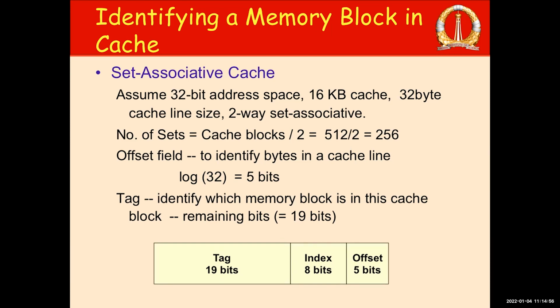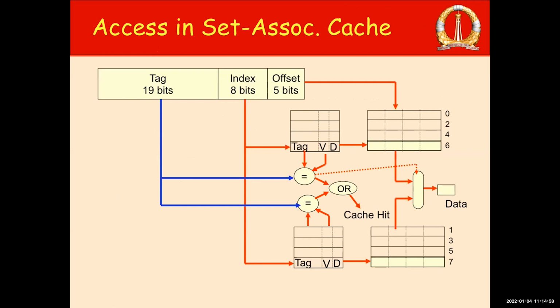This is the way by which you will see whether the particular memory block is in the cache or not. You use the index bits to index into the cache. Because it's a two-way set associative cache, in that particular set there are going to be 2 blocks.